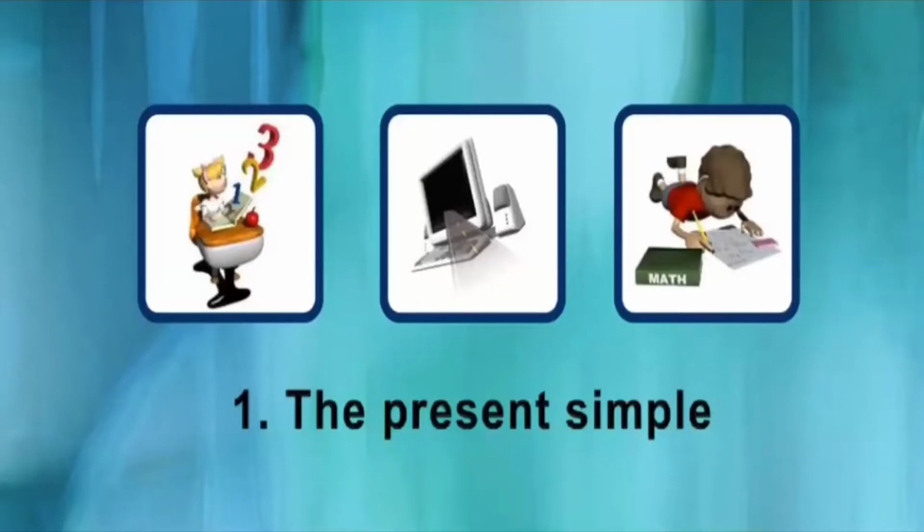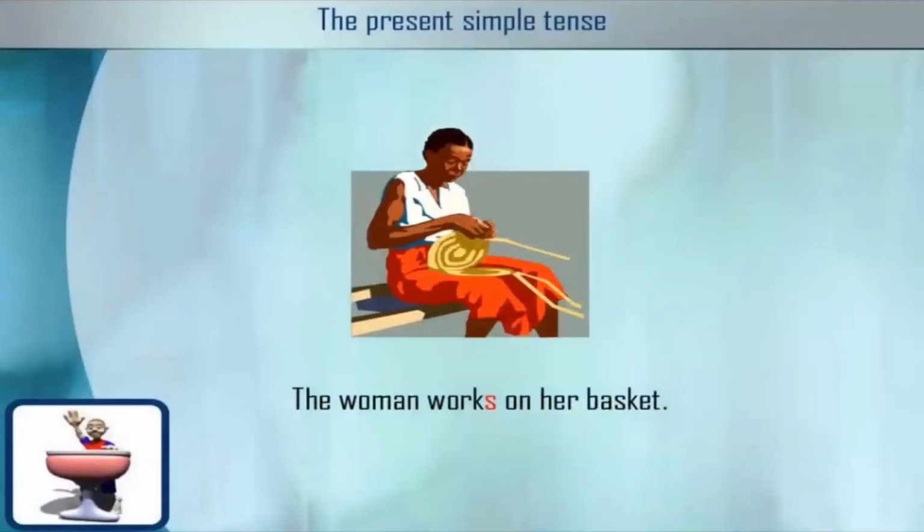So the present simple tense is actually based on very simple things. For example, the woman works on her basket.